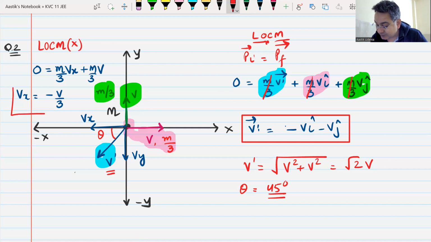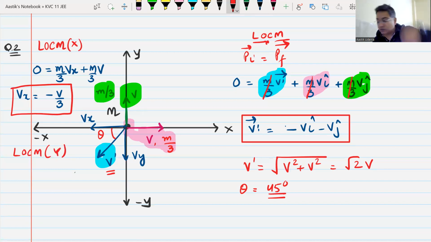So from there, I can get the x component of the velocity. Similarly, I can apply the law of conservation of momentum along the y-axis. One is going up, so the other one has to go down, so I will get the answer as negative. Initial momentum is 0.